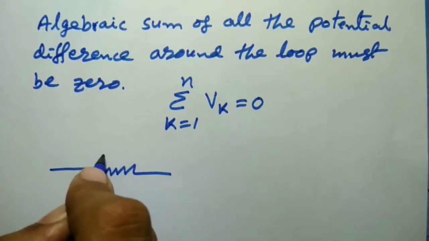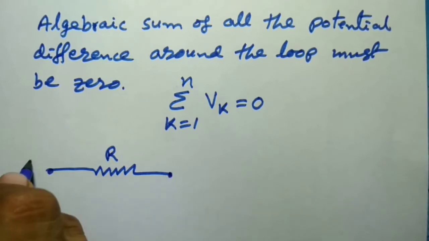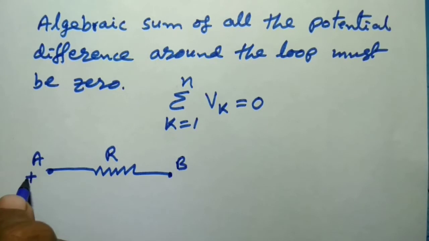We have a resistance of R. The two terminals of the resistance are mentioned by A and B, where A is of positive potential and B is of negative potential.